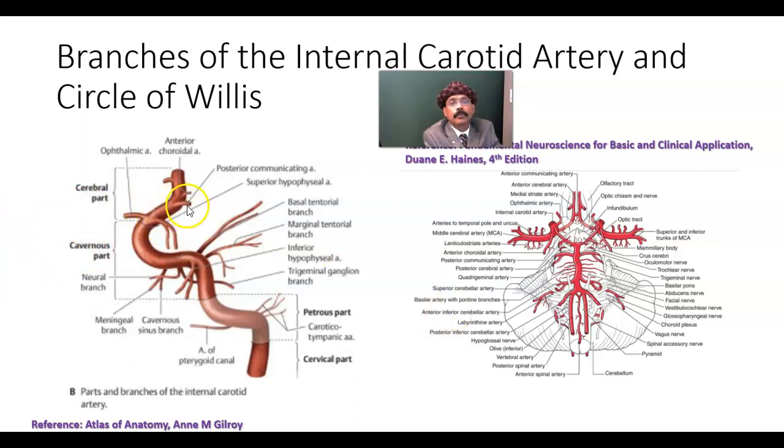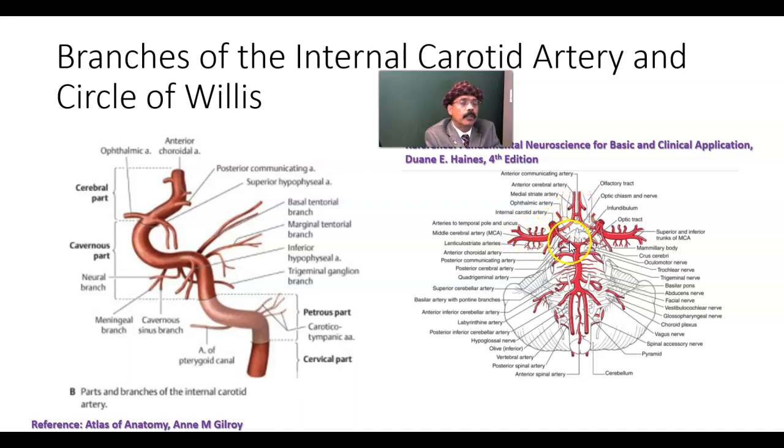This is the posterior communicating artery, the anterior choroidal artery, and this part will terminate into the anterior cerebral artery here and the middle cerebral artery.